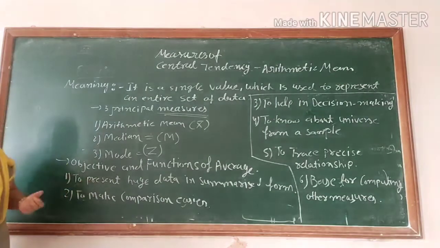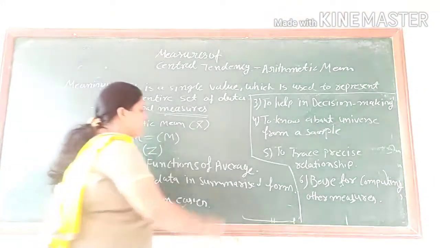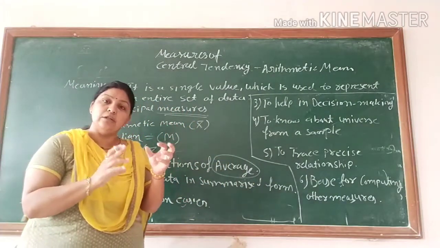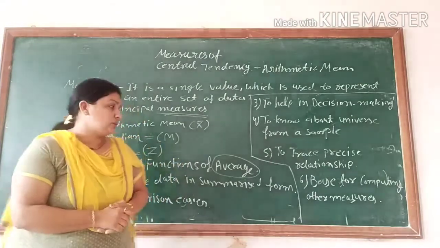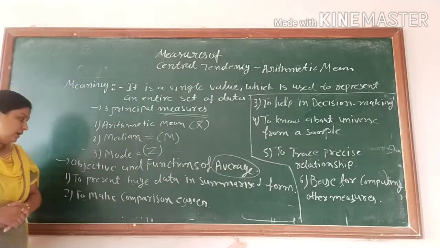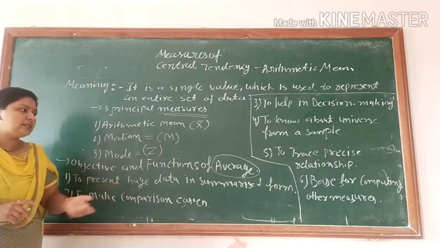Now the next topic is objectives and functions of the average. First we will start with average. Average means arithmetic mean, it is also called the average. So when we are talking about the function and objective of the average, first is to present huge data in a summarized form.